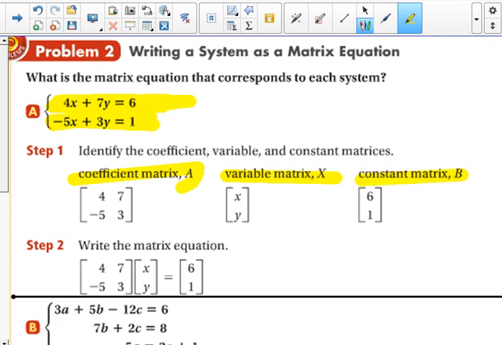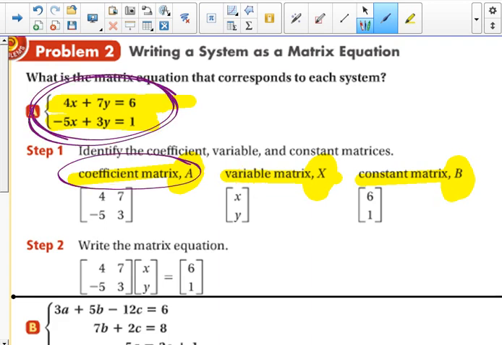We're going to call the coefficient matrix our matrix A, our variable matrix X, and our constant matrix B. So in our coefficient matrix from these equations, we're going to extract the coefficients. So we've got 4, -5, 7, and 3.